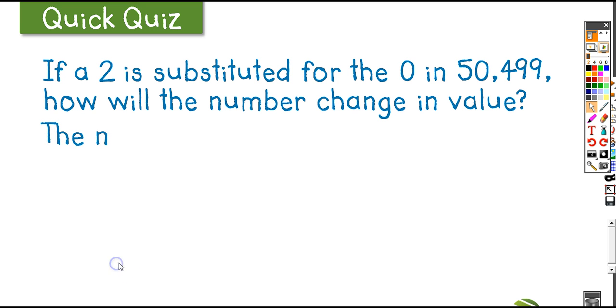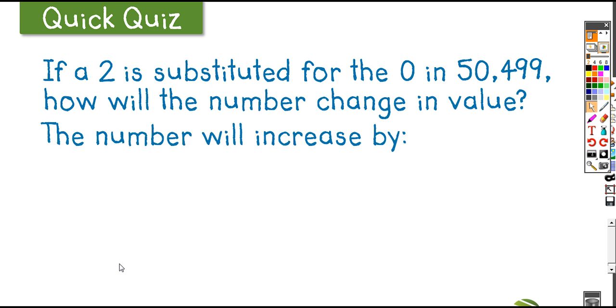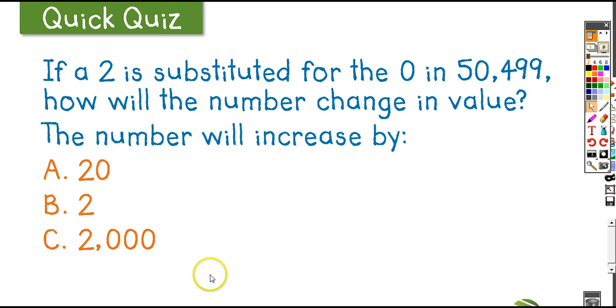This is a multiple choice question. The number will be increased by A, 20, B, 2, C, 2,000, or D, 20,000. You pick the one that you think is correct. Look at the place value. It's very easy. You will check this when you check your other questions to make sure you have it correct.